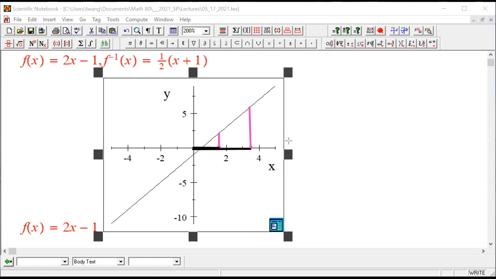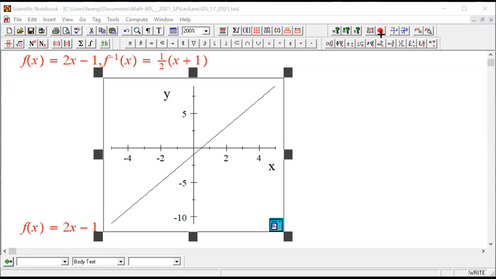So to test if a function is one-to-one, after you've done the vertical line test, you do the horizontal line test. That's to test if the function is one-to-one or not. If a function is one-to-one, it is unique. The one-to-one function has a unique input.